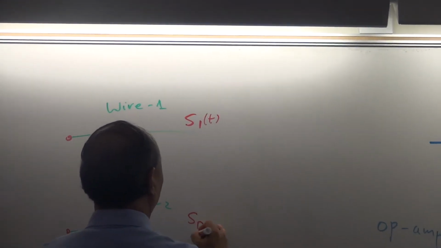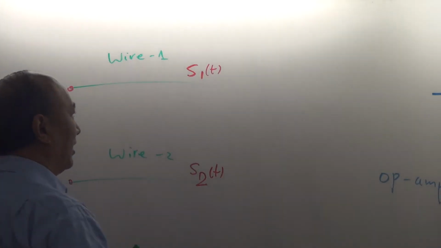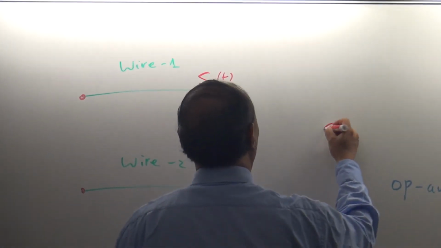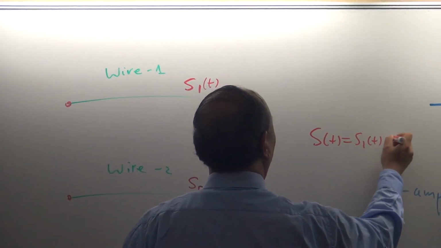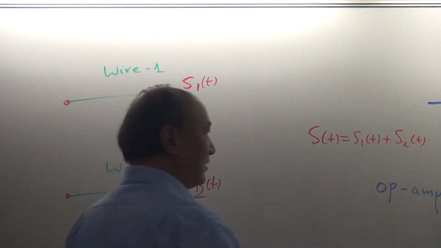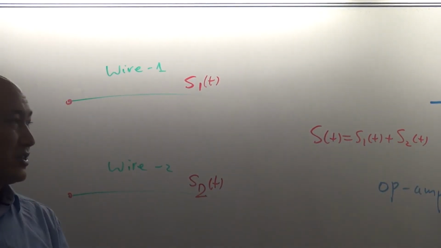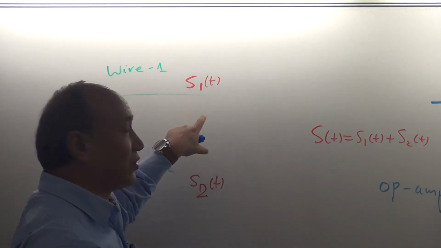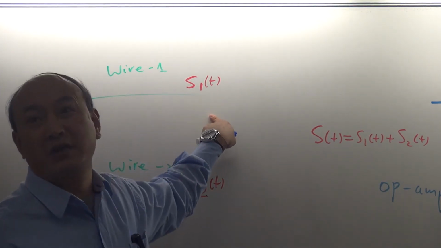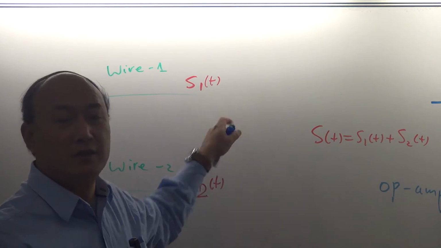Signal 2 is also time varying. I want you to do S equals S1 plus S2. So this is called a summation operation for these two. I want to perform that operation, how am I going to do it?